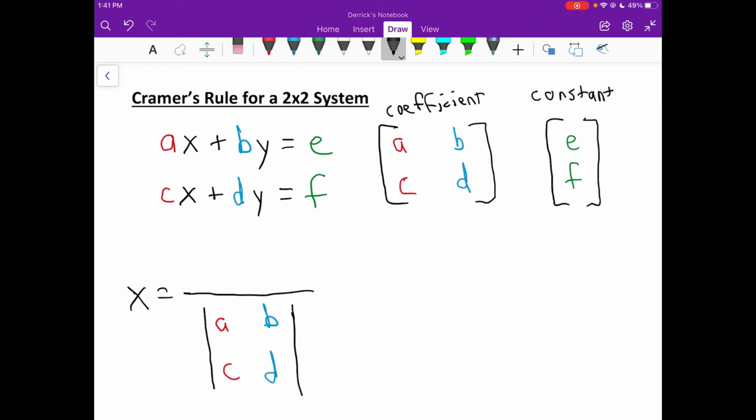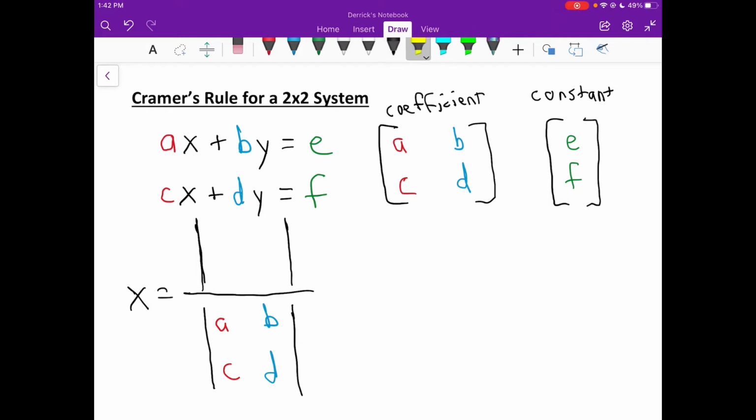In the numerator, half of our matrix is going to be rewritten and half of it is going to be replaced, meaning we are going to replace one of the columns in our coefficient matrix with our constant matrix. The column we replace should be the variable we are solving for.